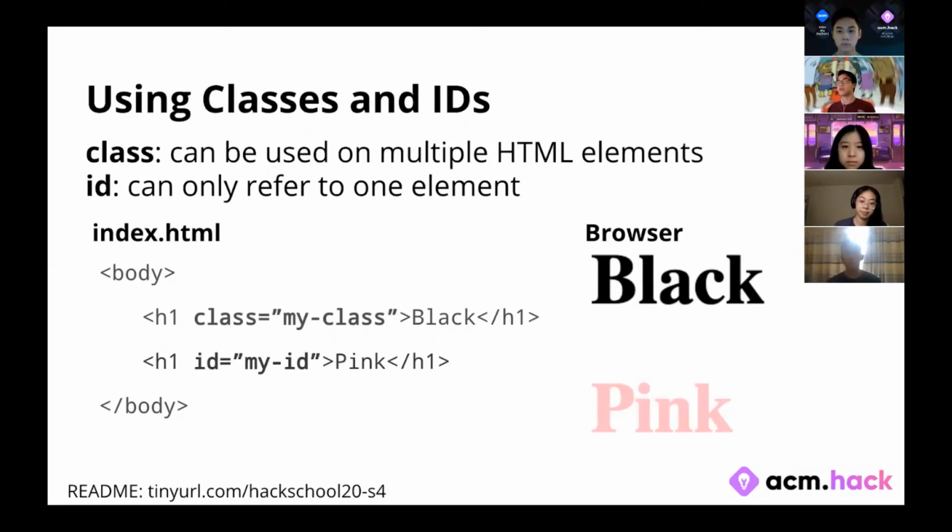So if you take a look on the right, the top line is black because we set that h1 to be black. And the bottom one is pink because we set that h1 to be pink. And just a quick note, classes can be reused on multiple HTML elements. I think this was a question that was raised in session 1, whereas an ID has to uniquely identify one single element on the page. So if there are multiple IDs, I think there will be an error.